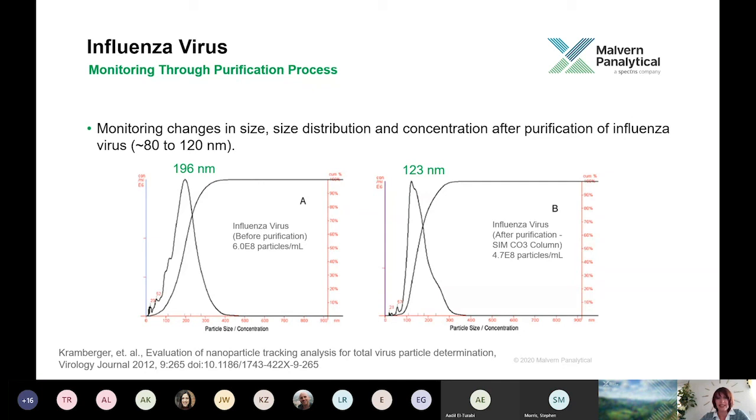In this example, the data from that investigation is shown for the influenza virus. And you can see the change in the size distributions and mode size. After purification, the size distribution is much narrower, and the mode size is much smaller.